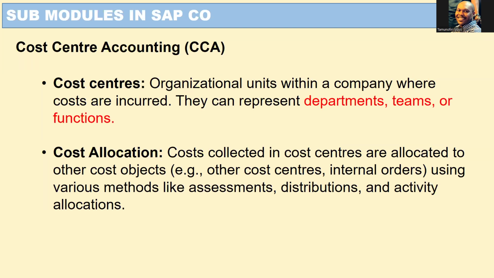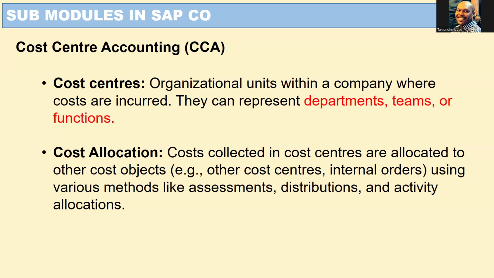So wherever costs are incurred, whether it's in terms of administration, or in terms of production process or production planning, as the case may be, wherever cost is incurred, it's called a cost center. They could be departments, teams, or several functions.